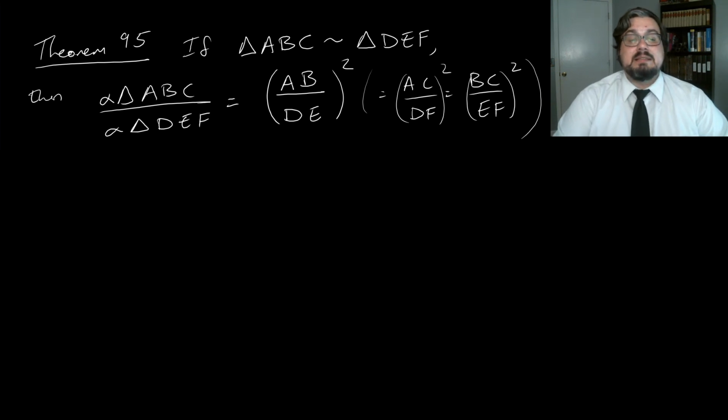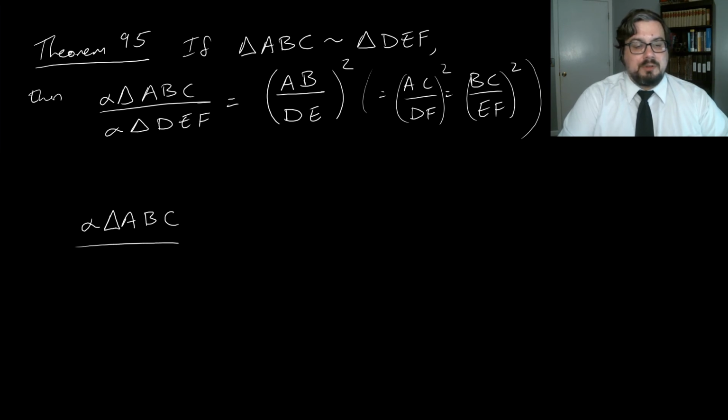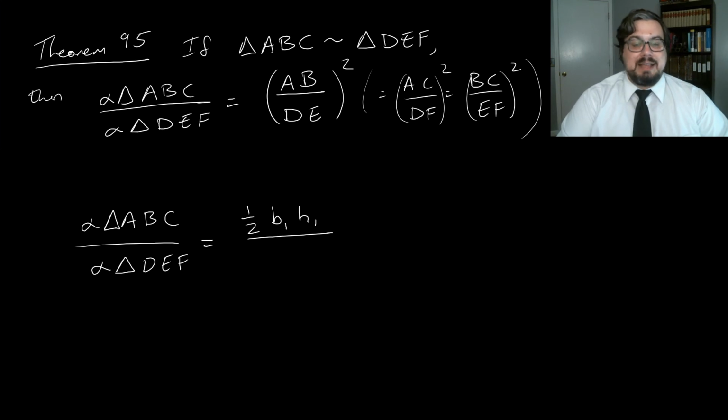Proving this is really a matter of just looking at the formulas for the areas of the two triangles. So we know that the area of triangle ABC is equal to 1/2 times, I'll call it B1 and H1 for a base and height of the first triangle, ABC.